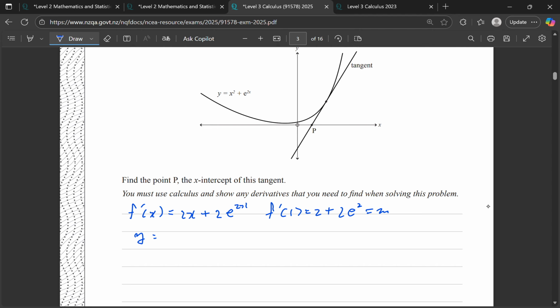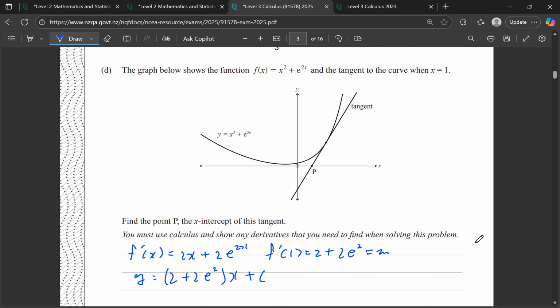So I'm gonna say y equals 2 plus 2e squared x plus c. Well, we do not know c, but we will find it out. So to find that out, we have to find the y value of this point. So we know 1 comma something, right? So we will find it out.